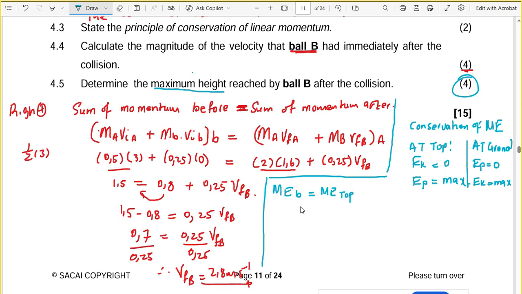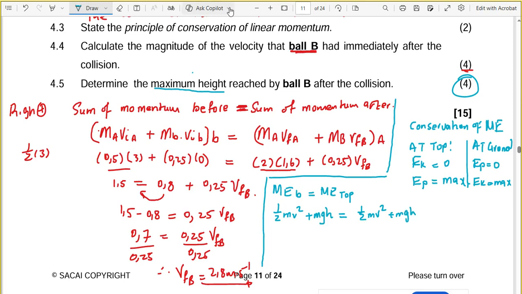Mechanical energy is the sum of kinetic and potential energy. Do you know that? Yes. So we're going to take the kinetic energy, which is 1 over 2 m v squared, and add that with mgh. Then equate this to the one on top, which is 1 over 2 m v squared plus mgh.